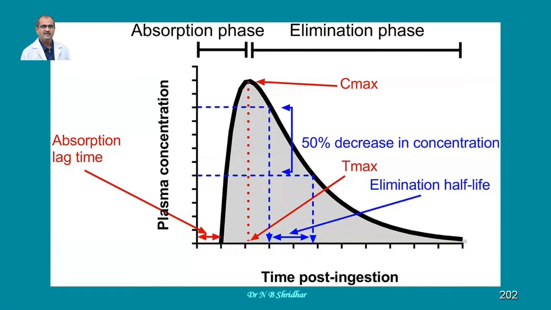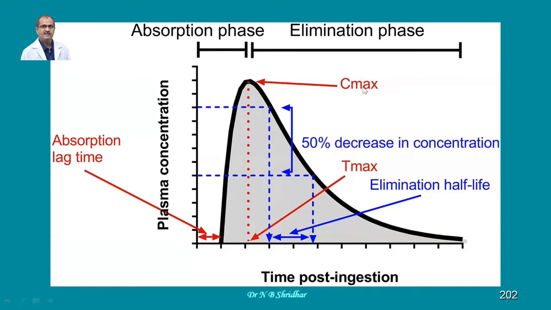Unless it is administered parenterally, that is the intravenous route, where there is 100% absorption, there is a lag time of absorption. Then after some time, the drug starts getting absorbed, and it reaches the peak plasma concentration, which is also known as Cmax.